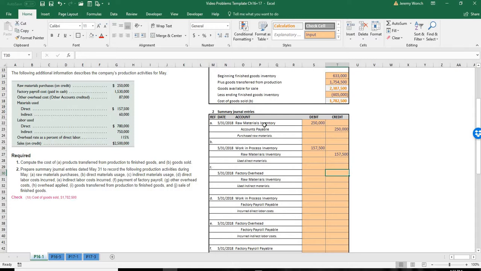Next is the indirect materials used, 60,000, same idea.